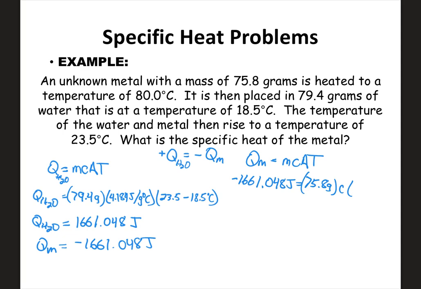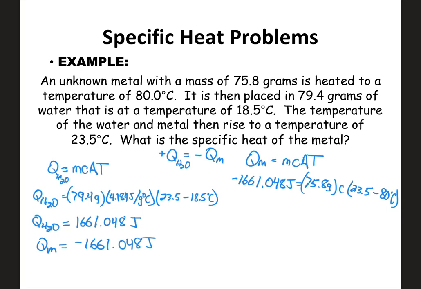Remember, the metal and the water are at the same final temperature. So 23.5 is the final temperature of the metal minus the initial temperature of the metal. Be careful here. Make sure you're picking out the right temperature. And that was 80. If you notice here, it's very important to point out, when you do your subtracting for your final minus initial for the metal, it comes out to be negative.